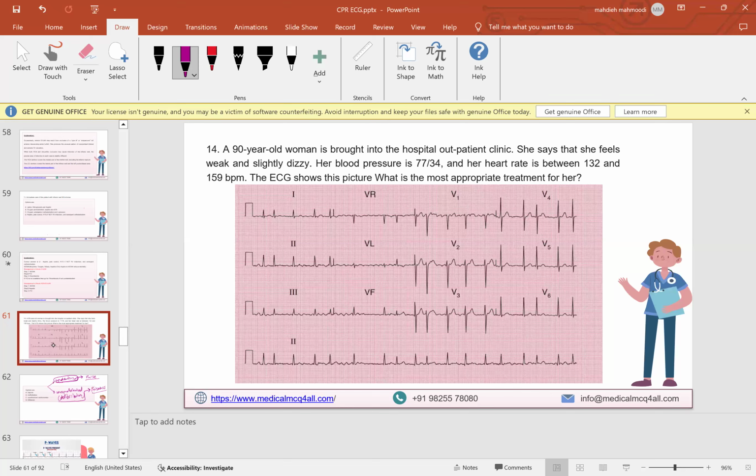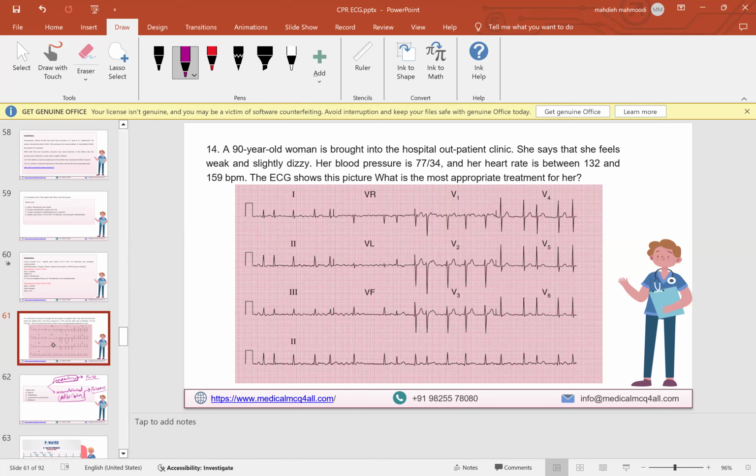So here's the thing. Most of the times, when you see something like this, you get caught up in figuring out what this rhythm is. I've seen in the chat box, people say SVT, some other people say AF. It doesn't matter.